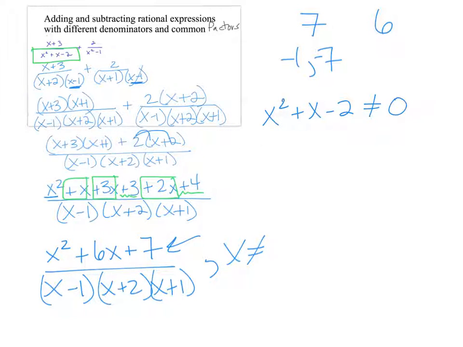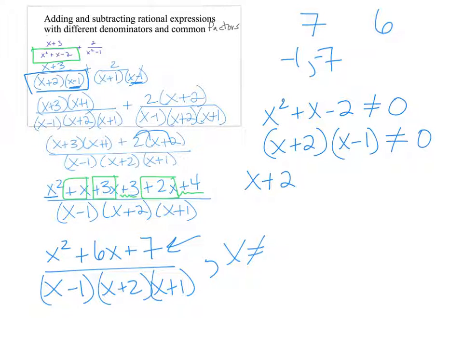And I'm actually going to use the factors of that, x plus 2 and x minus 1, as my factors that can't equal 0. And then you can take each of those factors and equate them to 0 and solve for that. So x can't equal negative 2 in this case, and x can't equal positive 1.